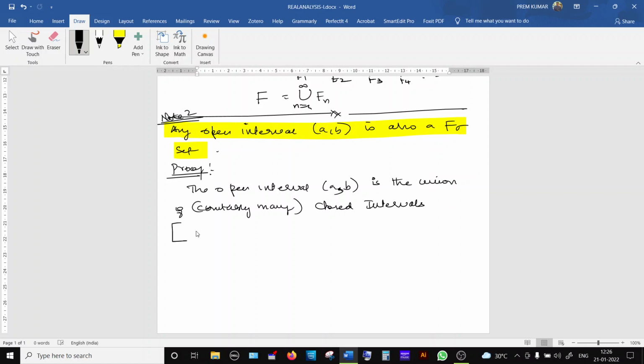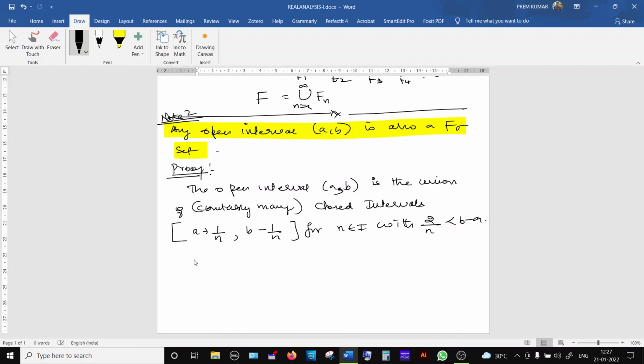These closed intervals are like this: [a + 1/n, b - 1/n] for n in N with 2/n less than b minus a.